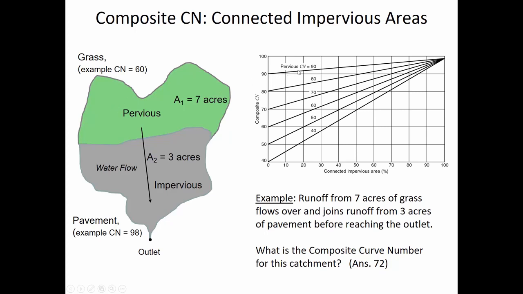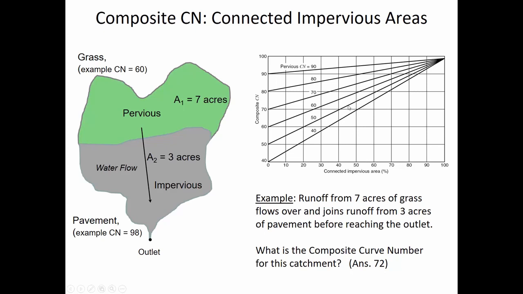Each one of these curves represents the curve number of the part that's pervious, and in our case it's 60. So I'll start here at the 30% connected impervious and go up until I reach the 60 curve, and then over to the left from there intersect the vertical axis, and it's 72.